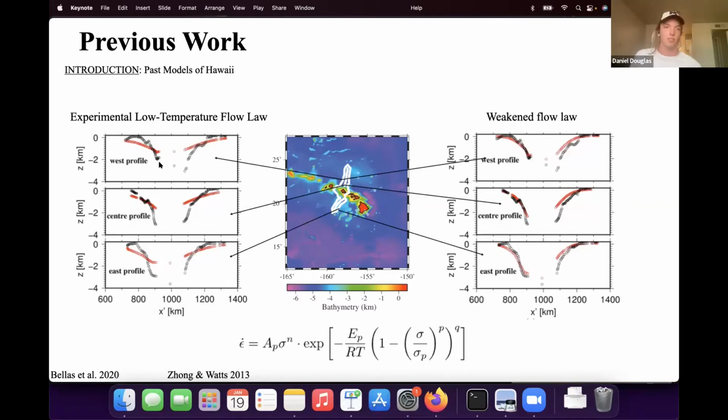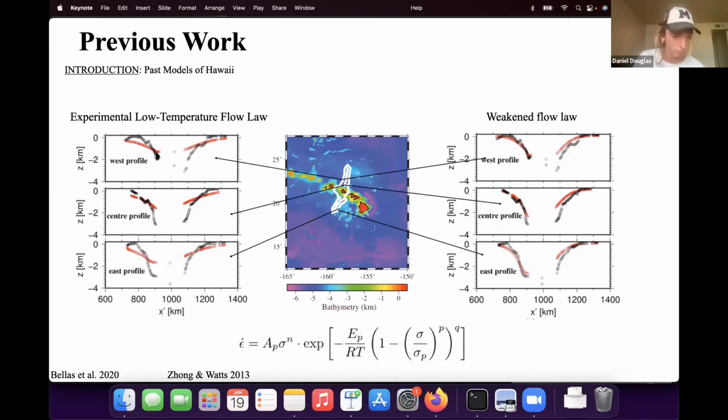And the difference between the left and the right is that the left profiles are using laboratory-defined low-temperature ductile creep rheologies. So as defined by experiments plugged into their modeling code, which I don't remember what code they used, but using laboratory flow laws, they see that clearly you're under-predicting the observations.